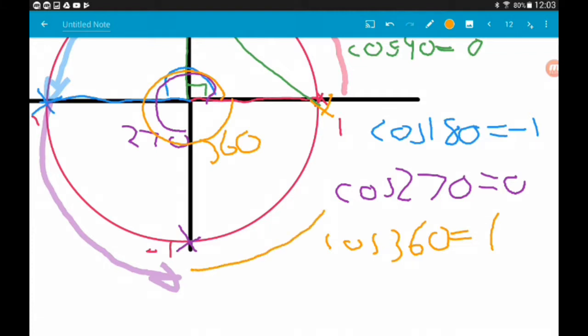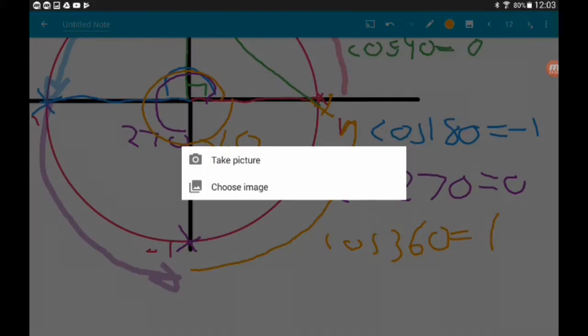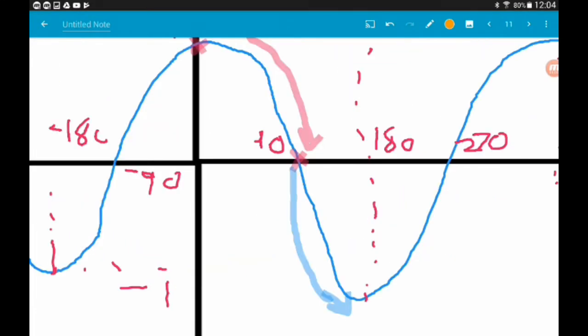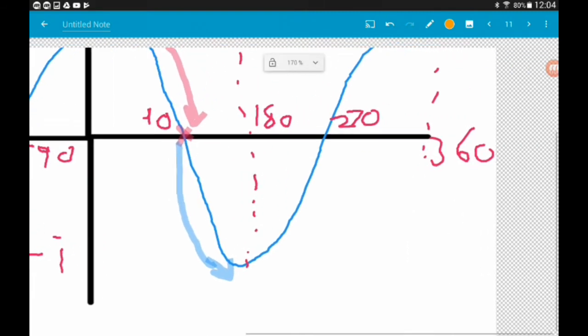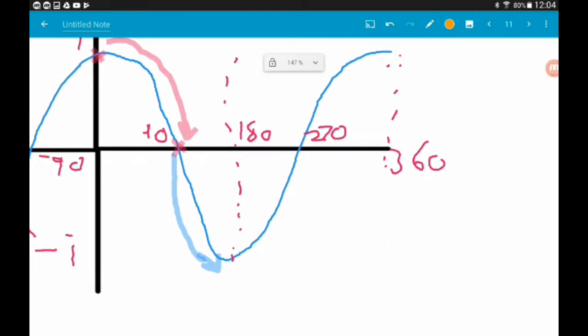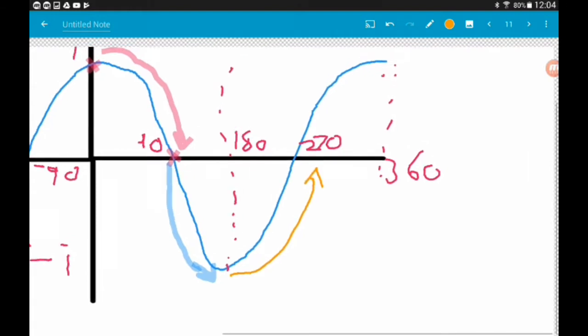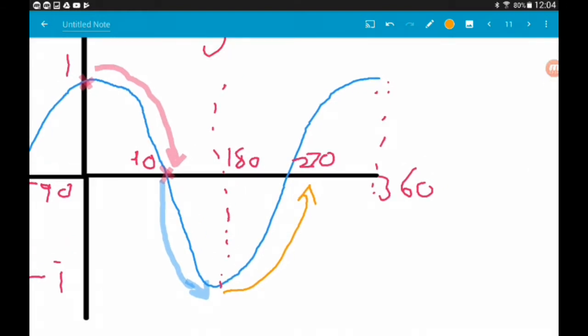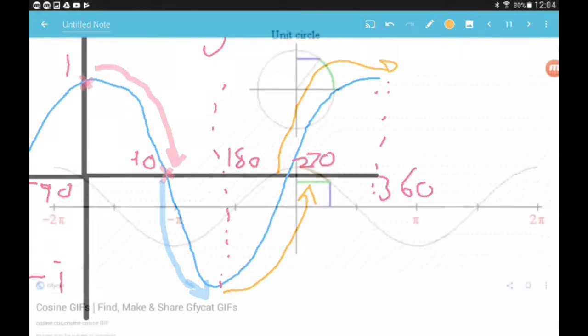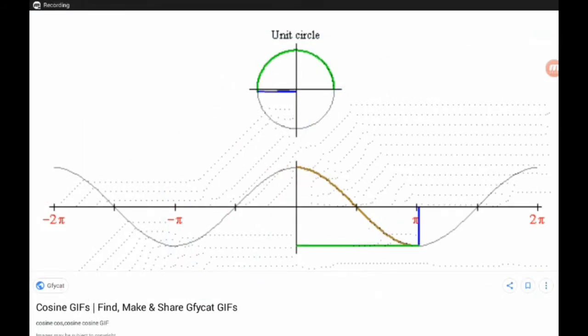So that takes us back up to where we started. On the graph, that takes us back from this point, first of all to 270, and then another 90 degree rotation takes us back to 360. So I'm going to find a nice little GIF to showcase this again. Okay, here's a nice little GIF then.